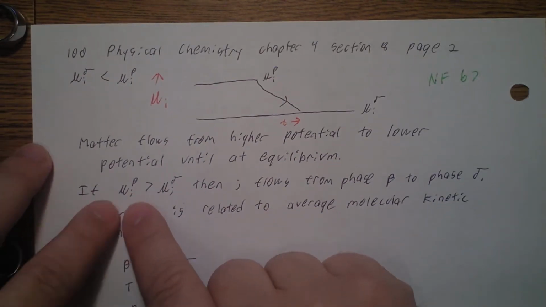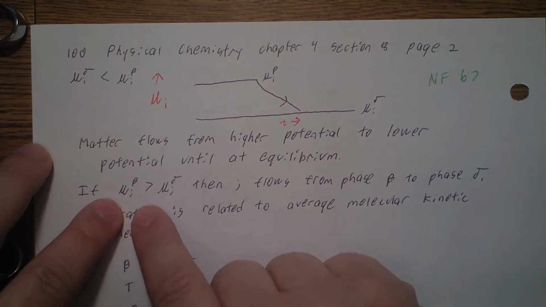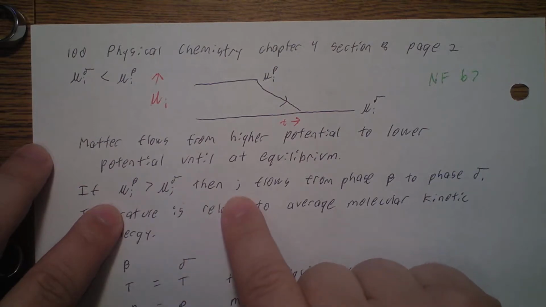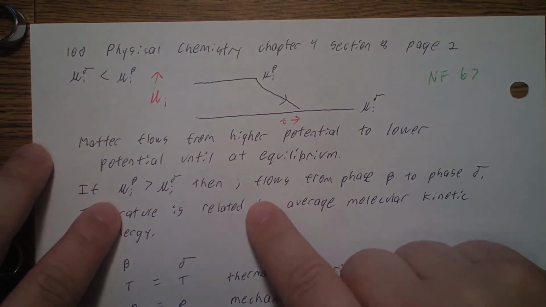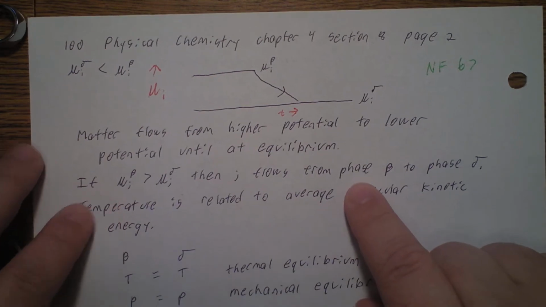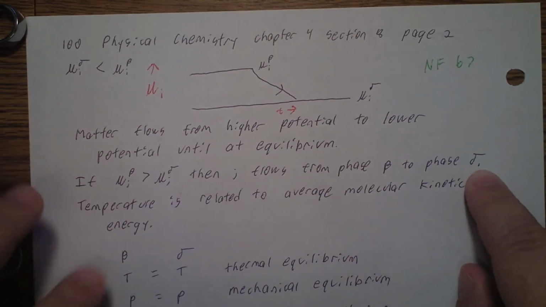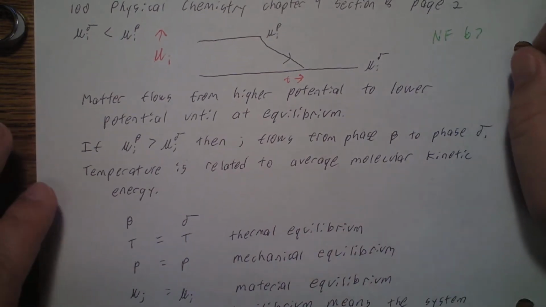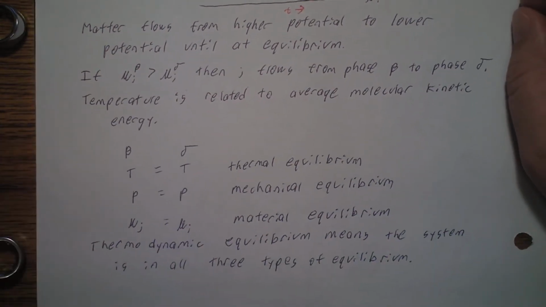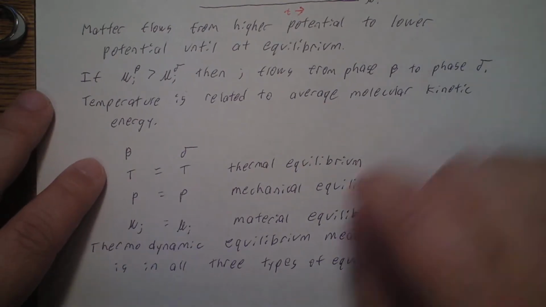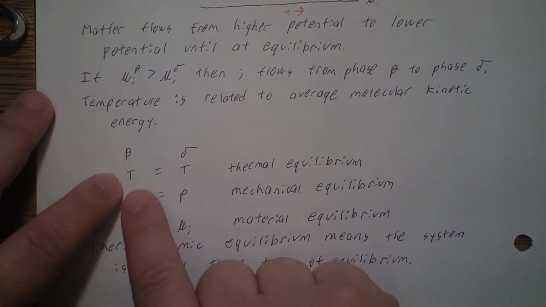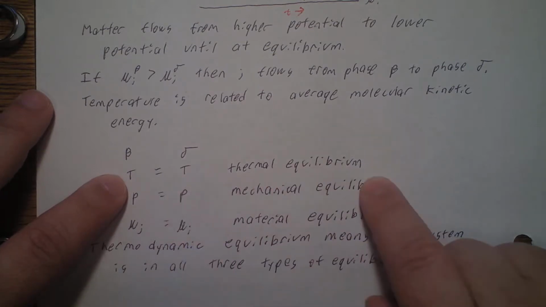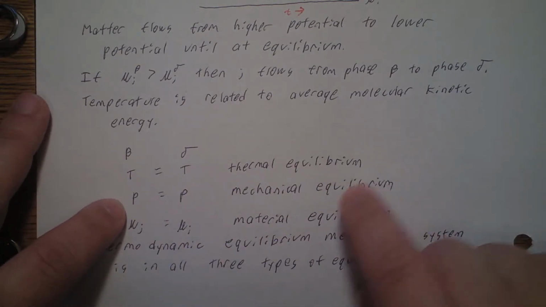So if the chemical potential of substance J in phase beta is greater than the chemical potential of the same substance in phase delta, then that substance J, given the chance, is going to flow from phase beta to phase delta. Now the temperature is related to average molecular kinetic energy. We talked about that before. If the temperature in phase beta is equal to the temperature in phase delta, we'd say those phases are at thermal equilibrium.